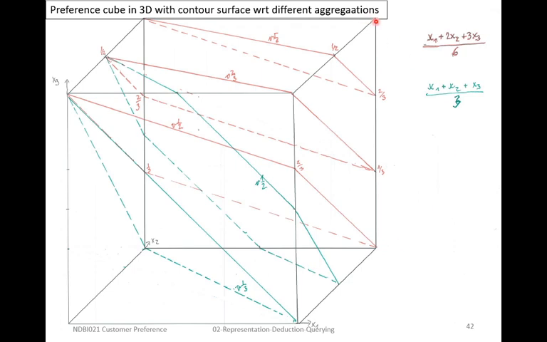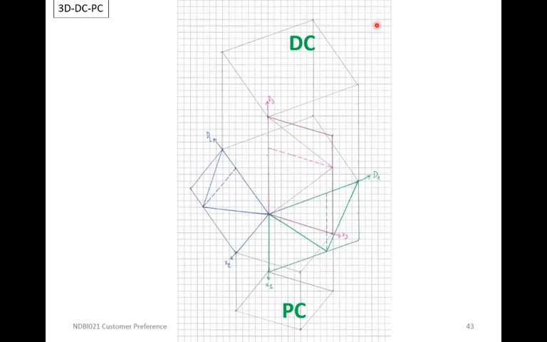Well, the ideal point, of course, is somewhere here, and the three-dimensional case is more time consuming, but in some visualization cases it can also give some more hints. Now this image only shows an attempt to draw this three-dimensional preference cube into the three-dimensional data cube.